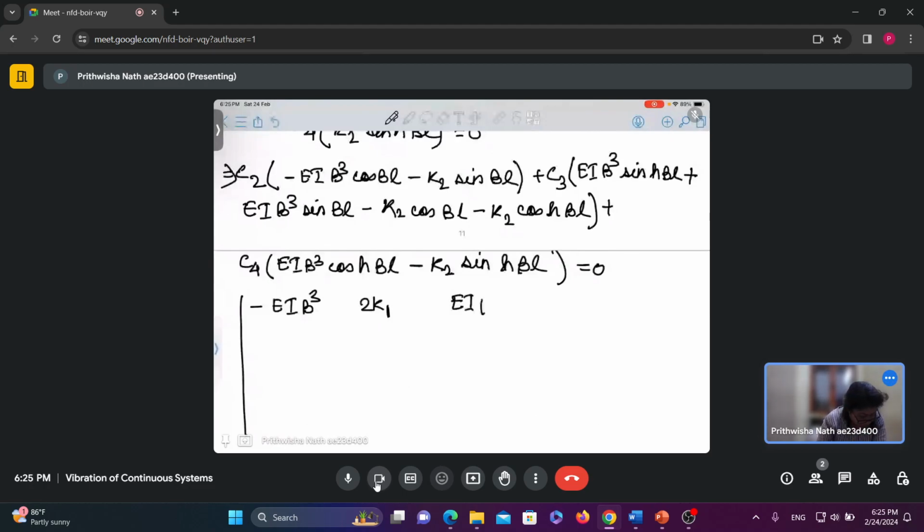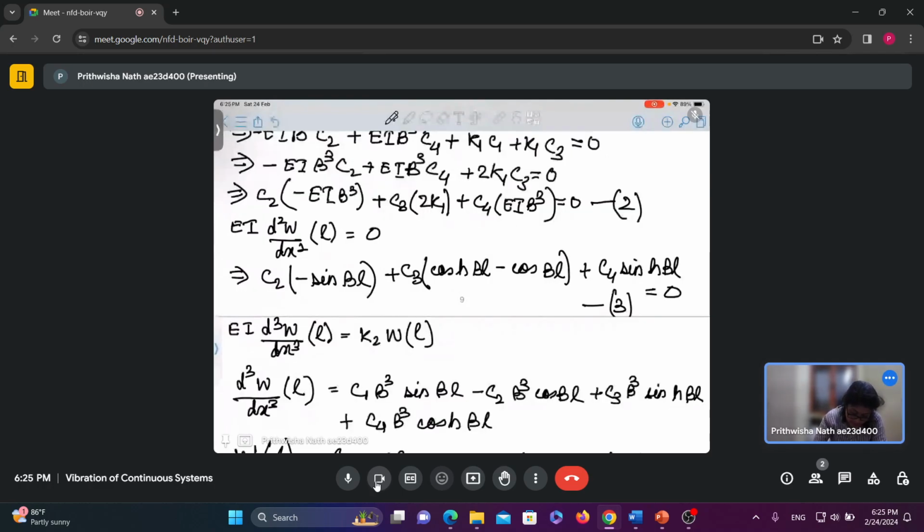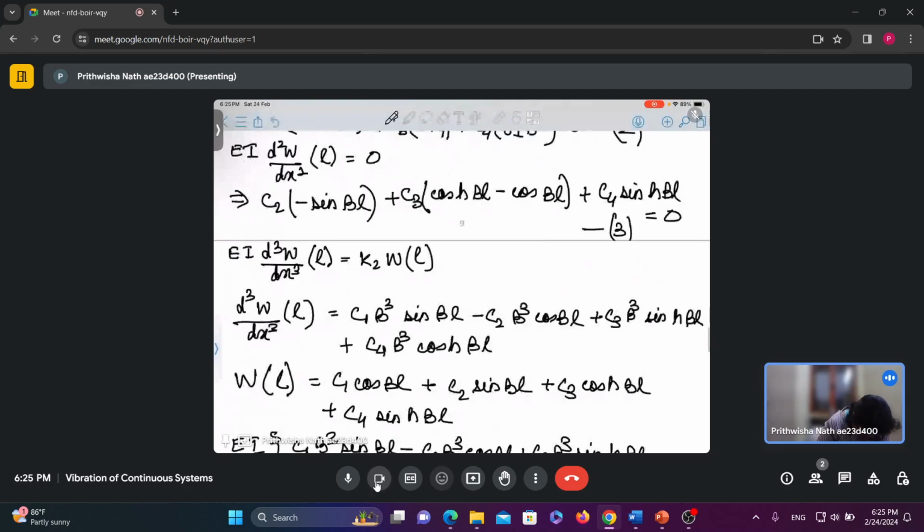From the third equation, what can I write for C2? The coefficient is minus sine beta L. The coefficient for C3 is cos hyperbolic beta L minus cos beta L. And for C4 it is sine hyperbolic beta L. So I'll write it for equation number 3 now.